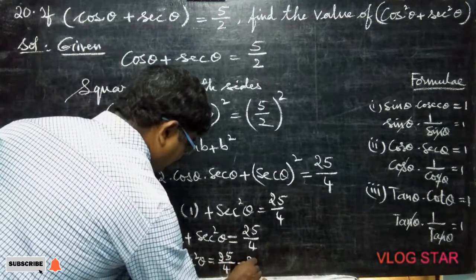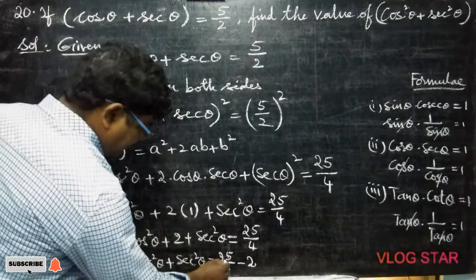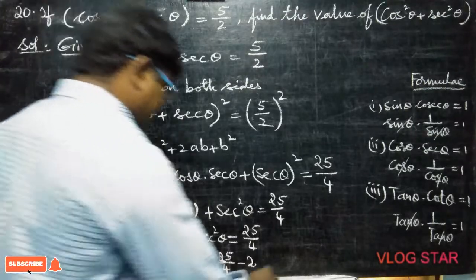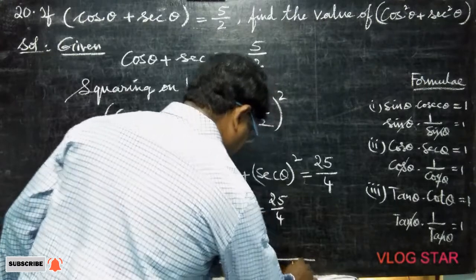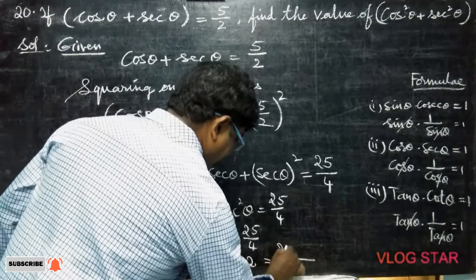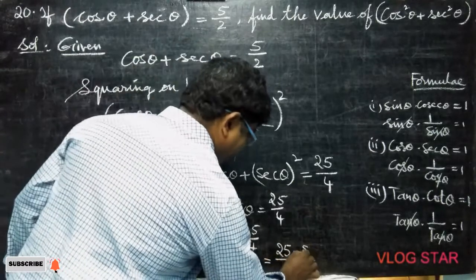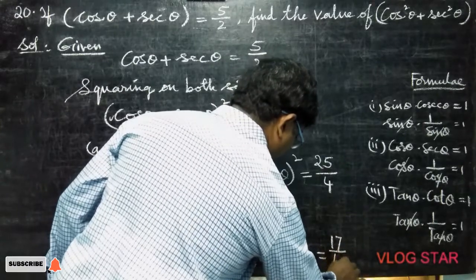Now simplify it. 4 will be the LCM, 25 as it is, minus 4 2s are 8, that is equal to 17 by 4.